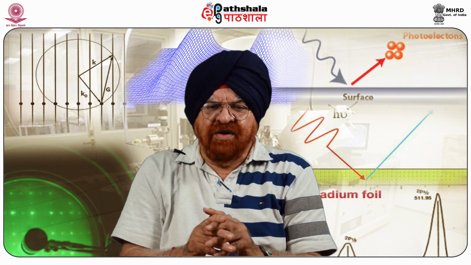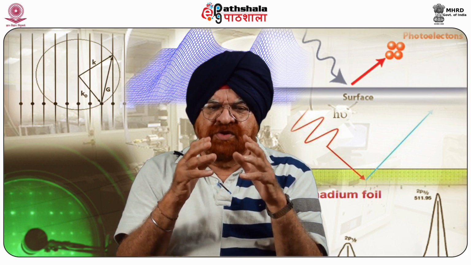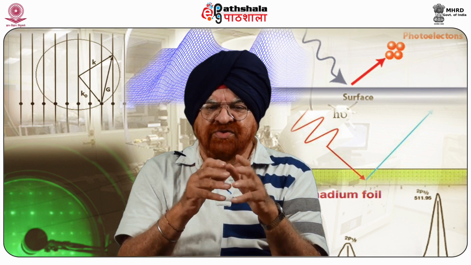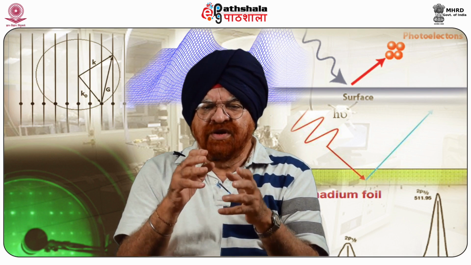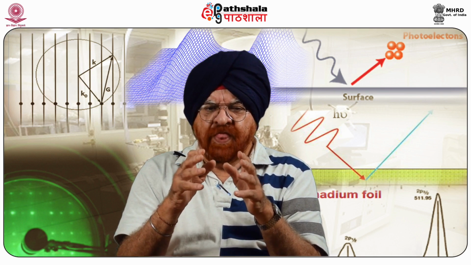The next slide gives you the energy corresponding to each peak of the characteristic elements. So each energy corresponding to each peak is characteristic of an element present in the tested sample volume.